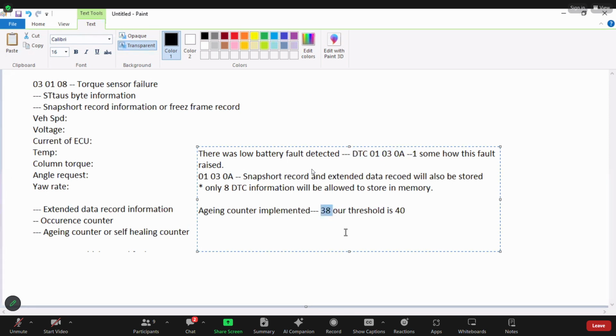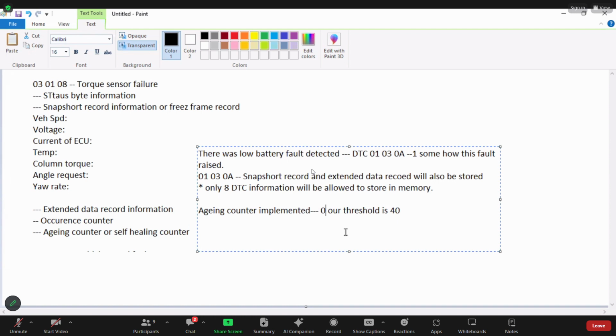Then again from 38 it will reset back to 0. Guys, understood? Everyone, have you understood? Yes, sir.